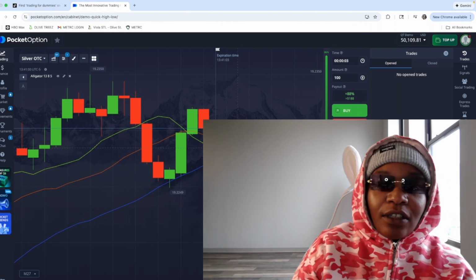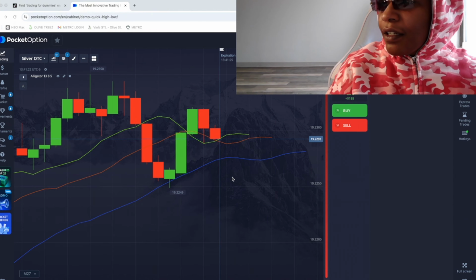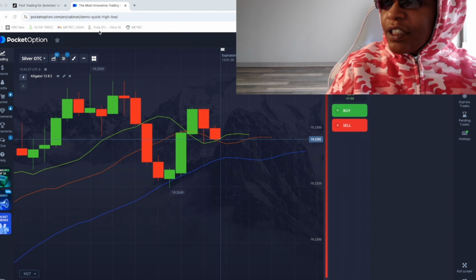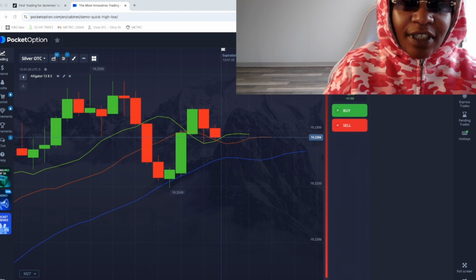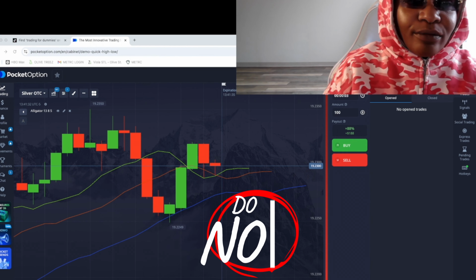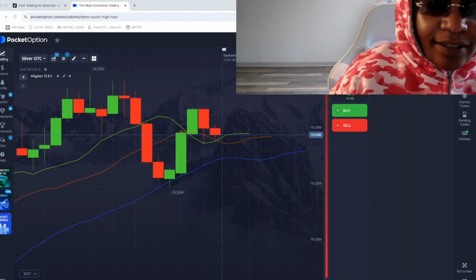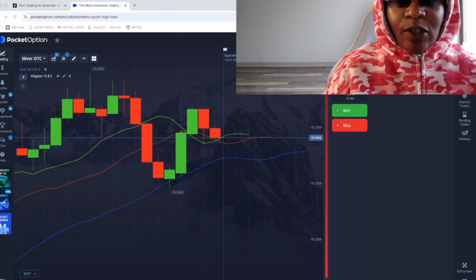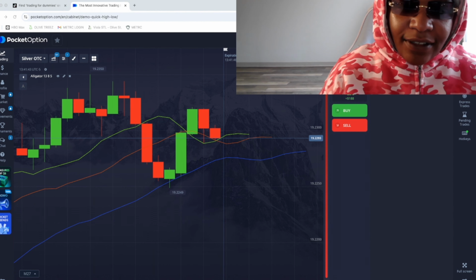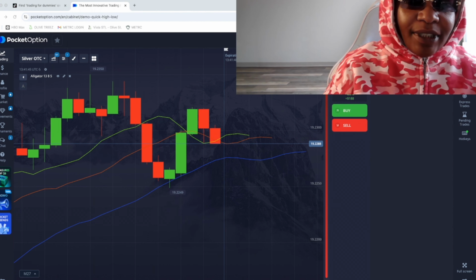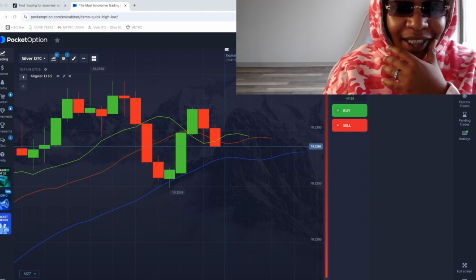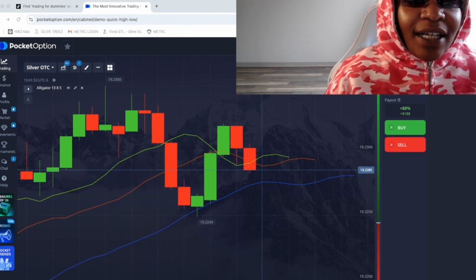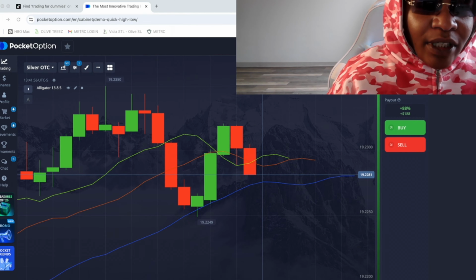Right now, you'll notice these lines here are getting all tangled up. So that's another indicator that we do not want to make a move here. You don't at all want to make a move here. So what we would do is wait. And I know that sounds absolutely terrible because it's money moving, the market's moving, but we want to wait until the correct time for us to get into the market. You know what I mean?